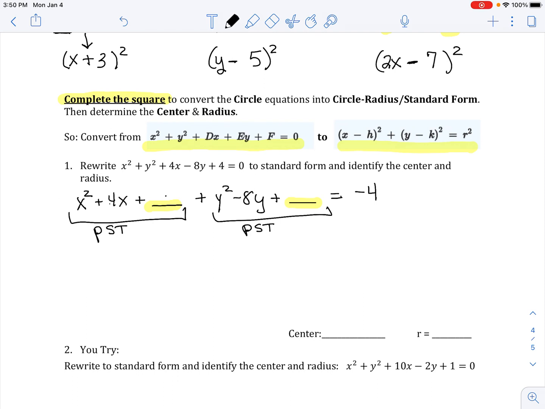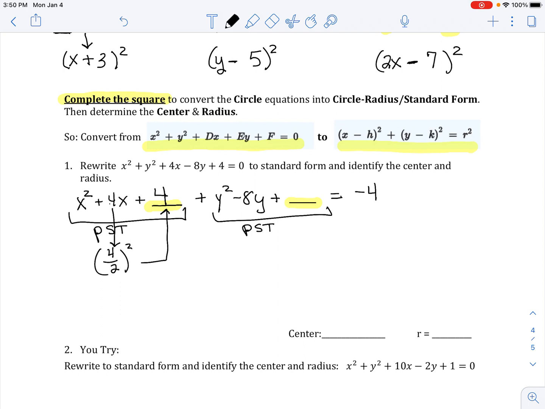To reverse that, all we have to do is take half of that 4. So take 4 divided by 2 and then square it, and that's what goes in the third term. So 4 over 2 is 2, 2 squared is 4. We have now created a perfect square trinomial.